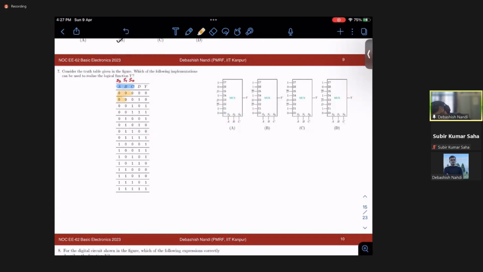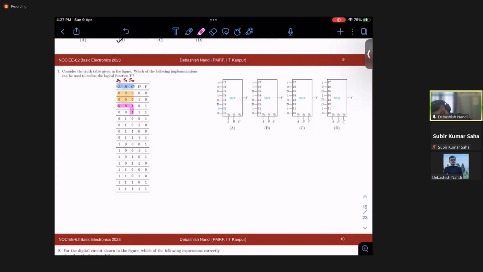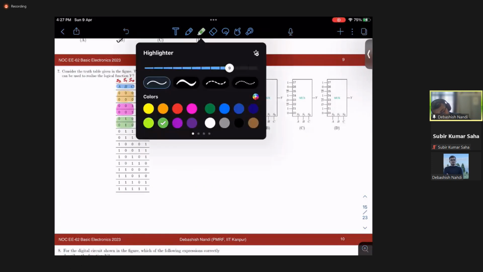When this is 0, then what is the output? Then when it is 1, what is the scenario? When it is 2 or 0 1 0, what is the scenario?